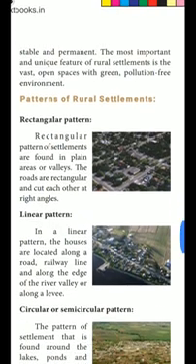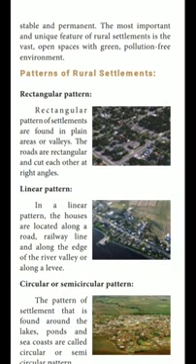Next heading is the patterns of rural settlement. Here, rural settlements are of different patterns. Here 7 patterns are there. First one, rectangular pattern. Please listen. There is one detailed question also. Roman number 7, second question. Explain about the patterns of rural settlement.